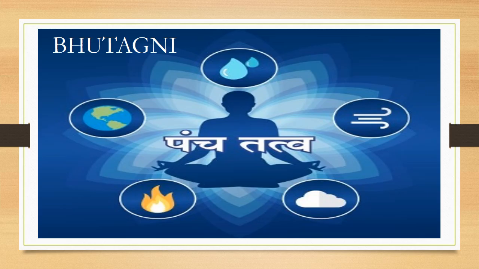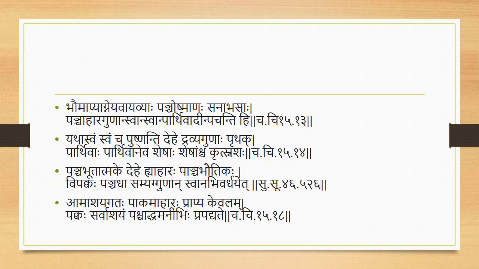The second digestive factor is the Bhutagni. After Jataragni Pak, Bhutagni Pak comes into action in the Adho Amashaya at the time of Rasa-mala Vivek Kala, before it gets circulated for Dhatu utilization.